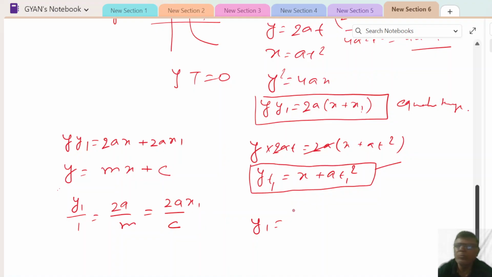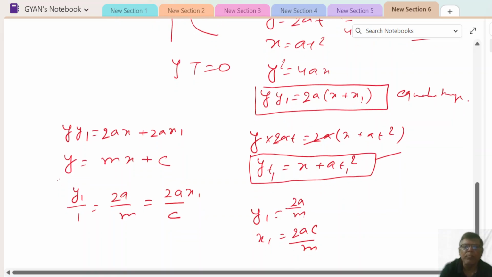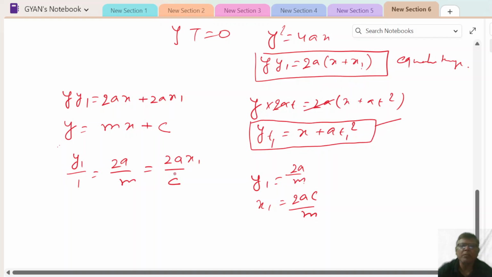So y1 is equal to 2a by m and x1 is equal to 2ac by m. So this is the point on the parabola.